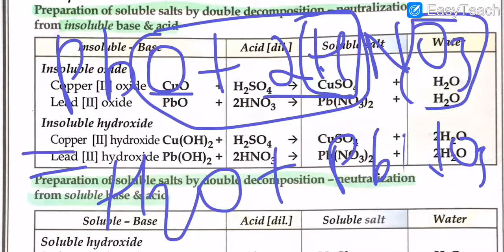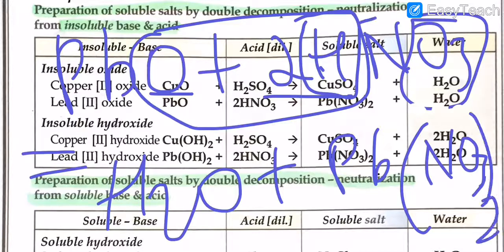So what do you do in this case? You make a bracket, NO3 the whole twice, because nitrogen is also 2 times. So PbO plus 2HNO3 gives you Pb(NO3)2 plus H2O.